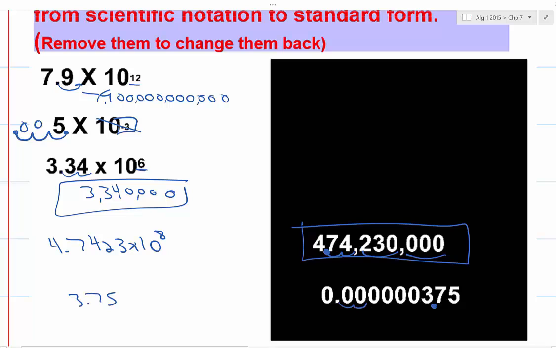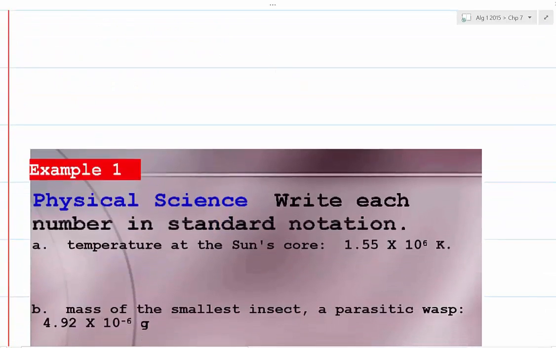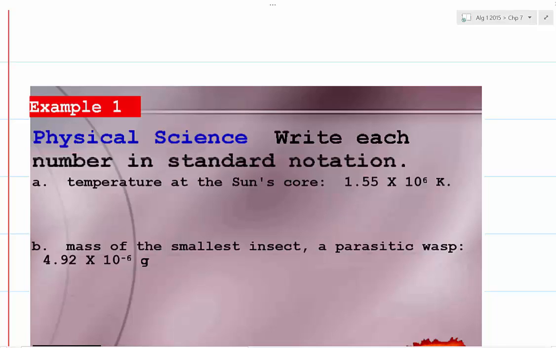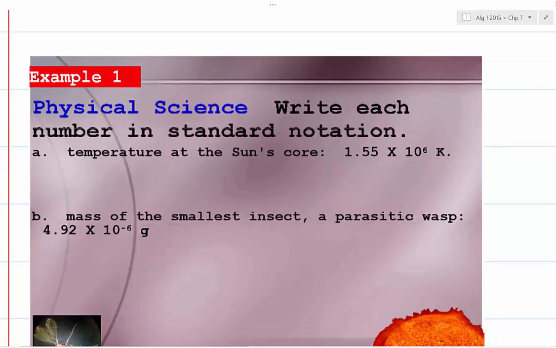It's 1, 2, 3, 4, 5, 6, 7. So it's times 10 to the 7th. But this was a much smaller number, so it must be negative 7. Okay, so again, between science class, I know you're familiar with a great deal of this. So we'll keep moving here.